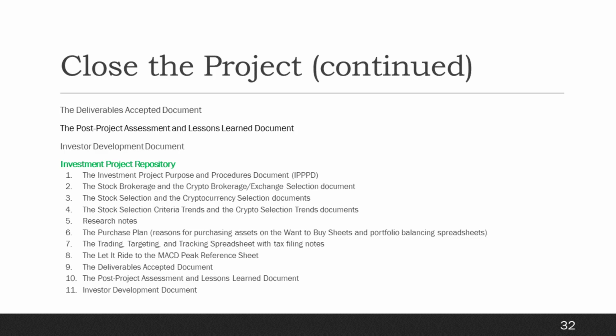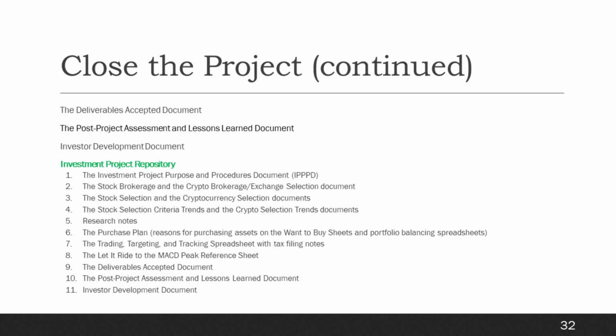The Stock Brokerage and the Crypto Brokerage Exchange Selection Document. 3. The Stock Selection and the Cryptocurrency Selection Documents. 4. The Stock Selection Criteria Trends and the Crypto Selection Trends Documents.